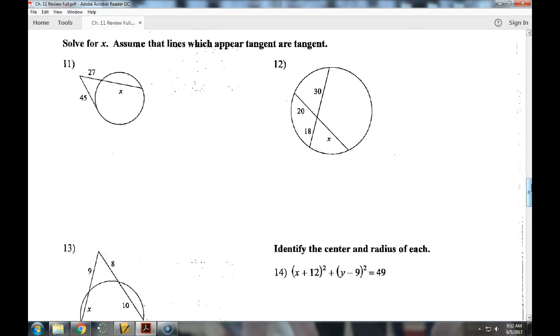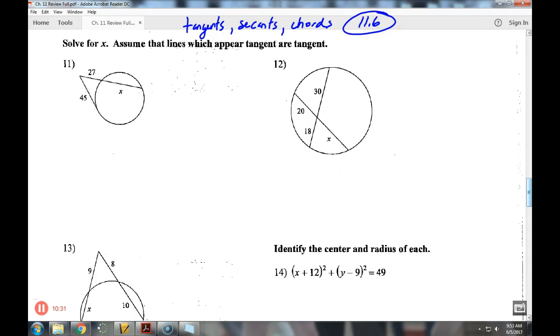Now we're getting into the segment measures. So remember the players in this game: you have tangents, you have secants, and you have chords. And they all have special relationships and there are theorems with them. This is in 11.6. So if you're struggling in this section, go back to your notes. Check out 11.6.